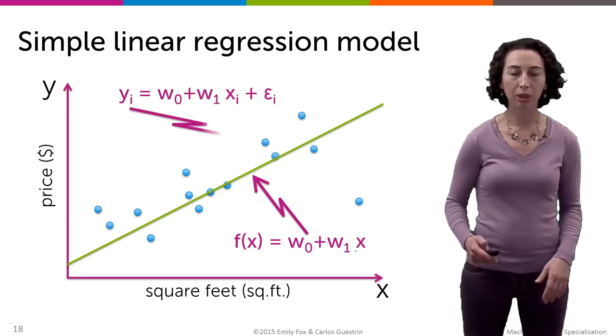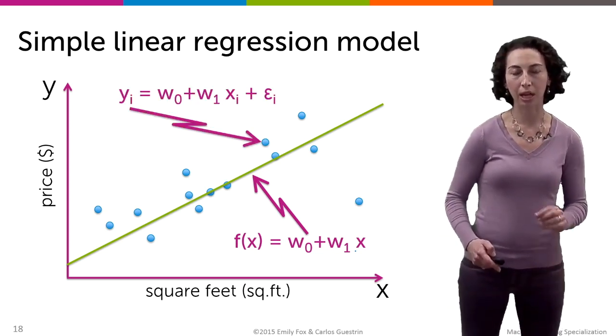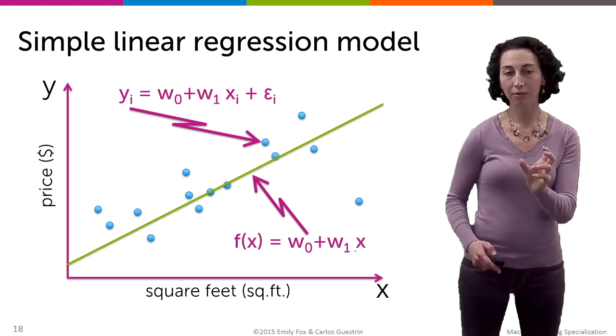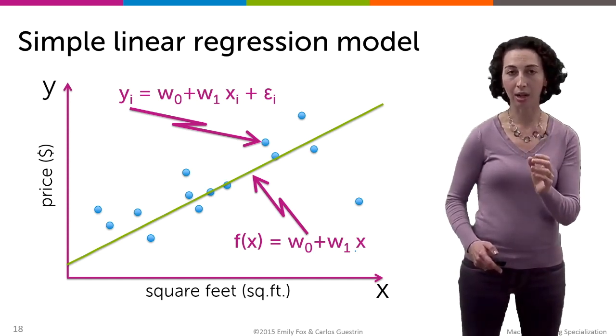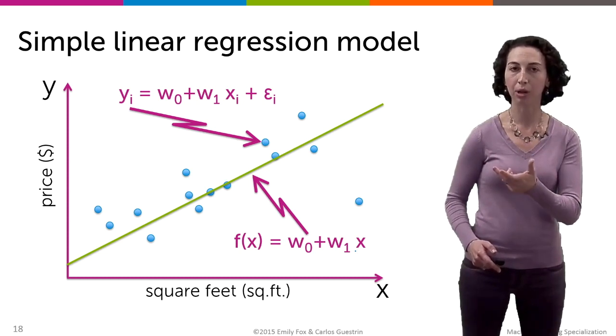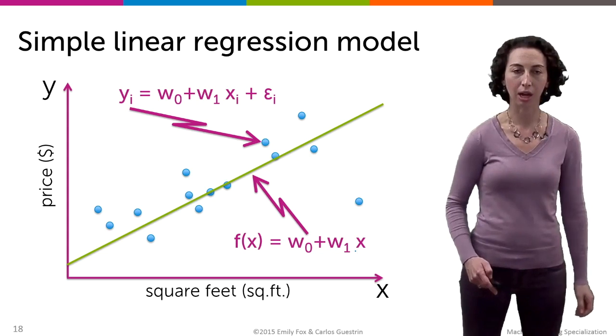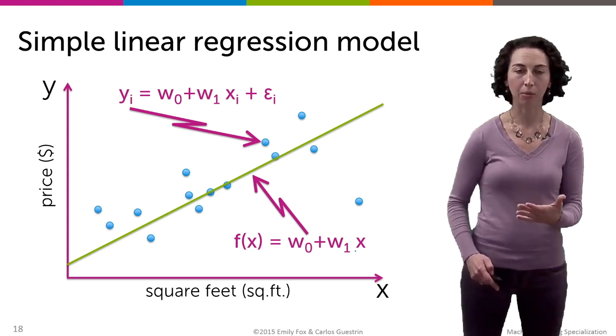And what this regression model then specifies is that each one of our observations, yi, is simply that function evaluated at xi, so that's W0 plus W1xi, plus the error term, which we called epsilon i. So this is our regression model.